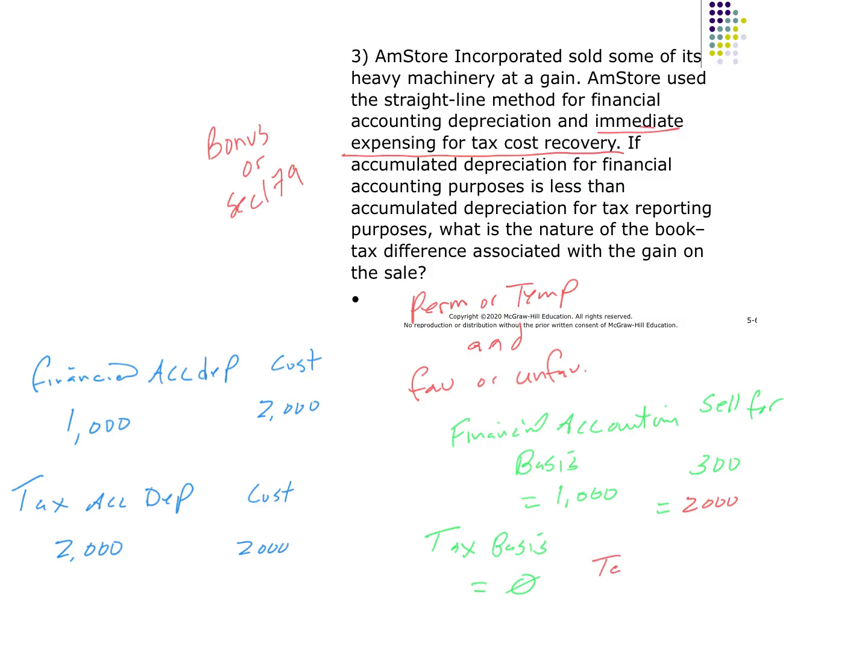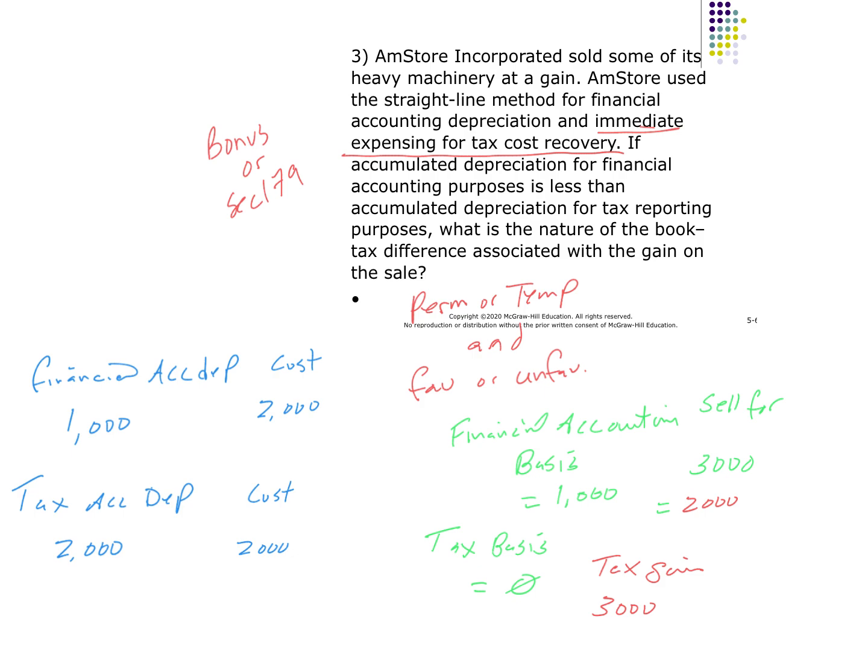Our tax gain, because our basis was 0, is $3,000. So what does that mean? That means that our book tax difference is going to be an unfavorable book tax difference. And since it's a result of depreciation, it is going to be a temporary book tax difference.